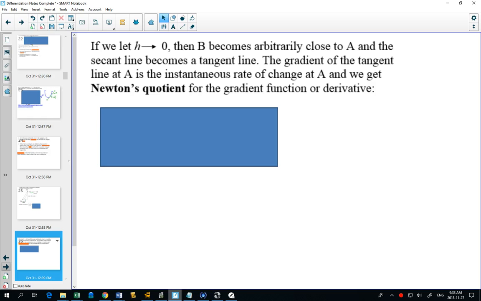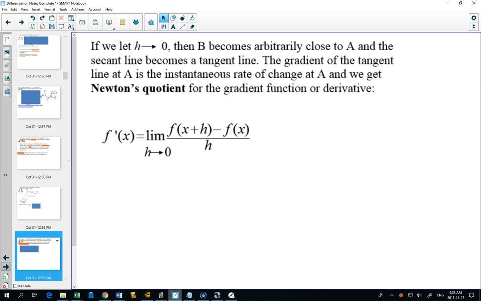And if we do that, we create a limit: the limit as h goes to 0 of f of x plus h minus f of x divided by h. And what we get is the definition of the derivative, because the definition of the derivative is just trying to find the slope of that tangent line.